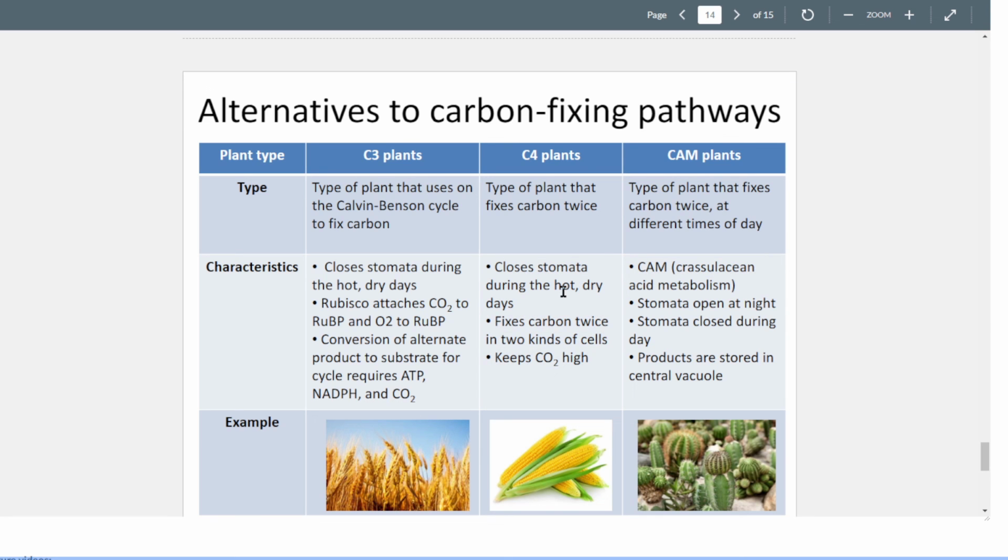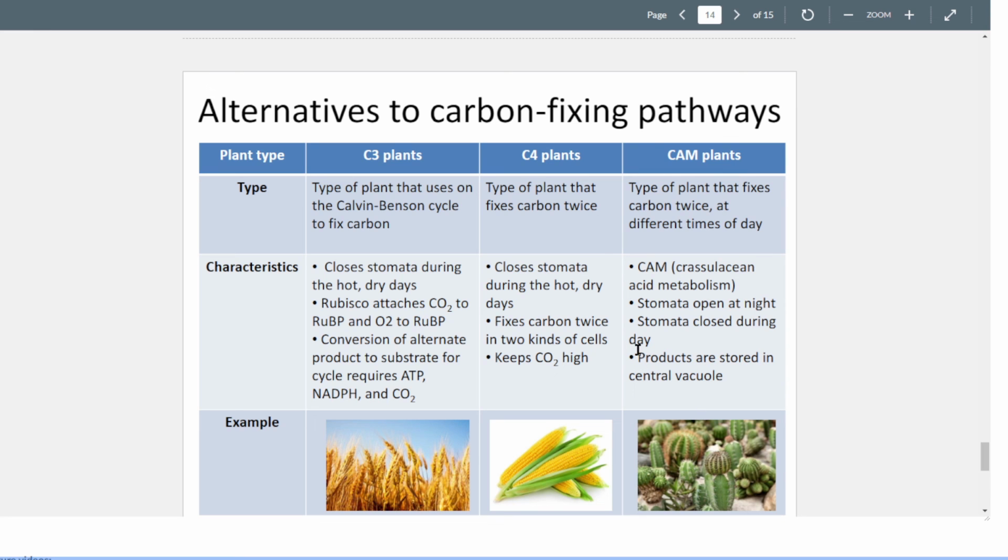But they fix carbon twice, in 2 kinds of cells, to keep CO2 high. CAM plants fix carbon twice at different times of day. So the stomata open at night, where it's cool, to conserve water instead of hot, dry days. They'll only open at night. Cactuses: the desert is hot in the day but cold at night.